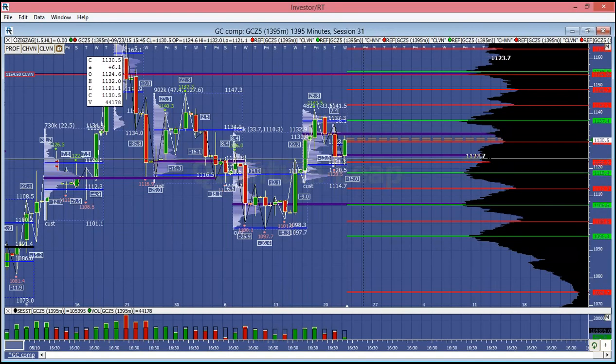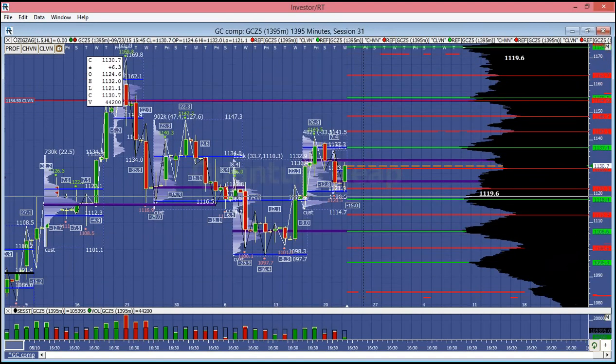Anything below that, look for a move down into the 1718 area, but the big destination is still down here at this 1106 area. If we get back down below this value at 2122 area.